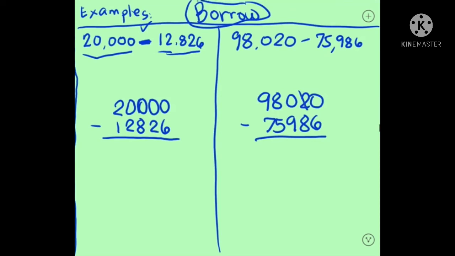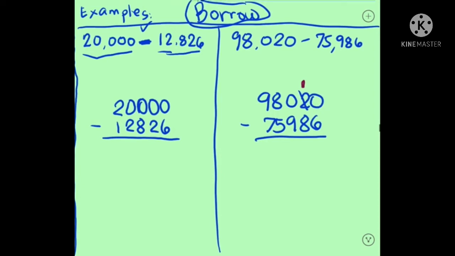And then 2 will become 1. How? We will just deduct 1. What is 2 minus 1? We have 1. And what will happen to 0? 0 will be added by 10.